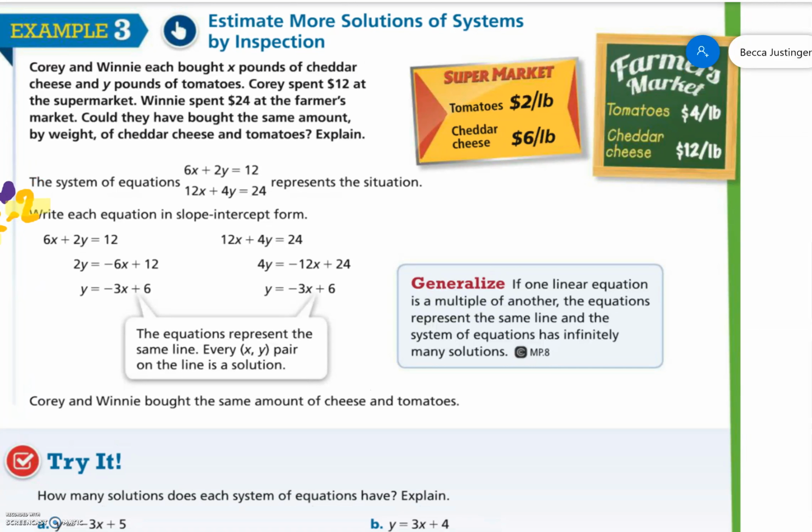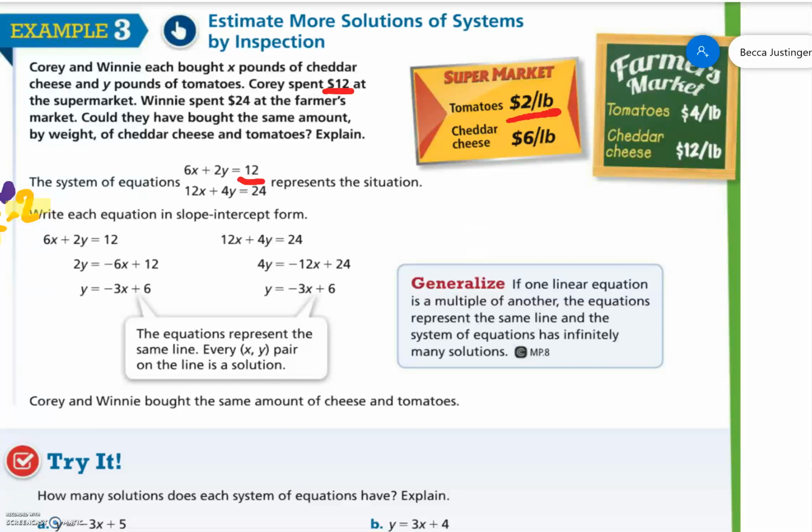Example 3. Corey and Winnie each bought x pounds of cheddar cheese and y pounds of tomatoes. Corey spent $12 at the supermarket. Winnie spent $24 at the farmer's market. Could they have bought the same amount by weight in cheddar cheese and tomatoes? Explain. So Corey spent a total of $12. That's where this 12 comes from, and he went to the supermarket.